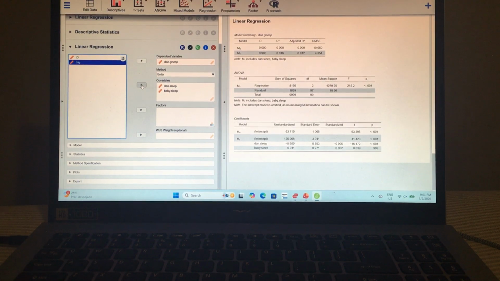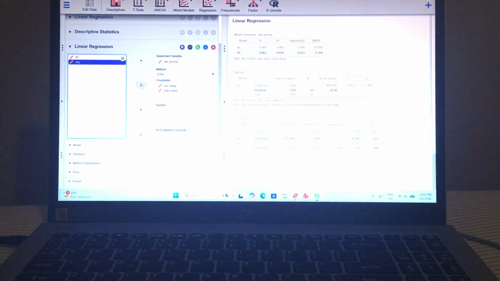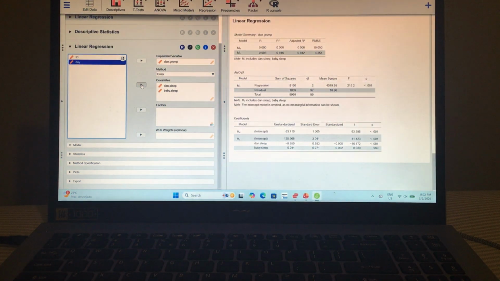So in a simple linear regression model, R squared can be computed with this formula. So 1 minus SS residual divided by SS total, okay? And that is your R squared. So again, in this formula, SS residual is the sum of squares residual, and SS total is the sum of squares total.